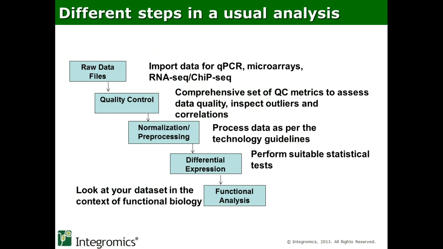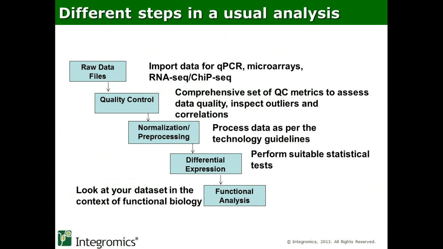And after this, depending on what technology we are using, we would proceed to some type of normalization. Usually we are comparing different conditions, so we would go through a differential expression step with whatever statistical test we think are suitable.